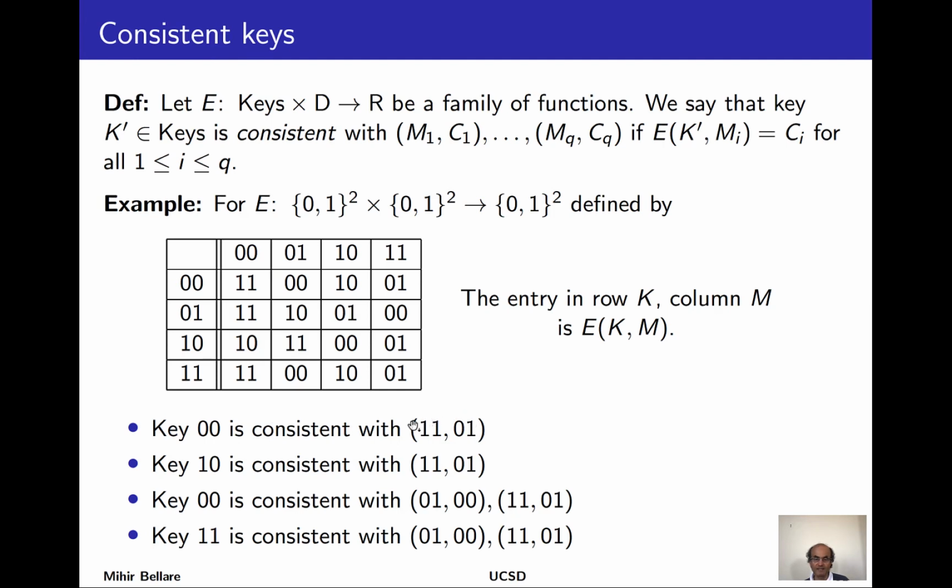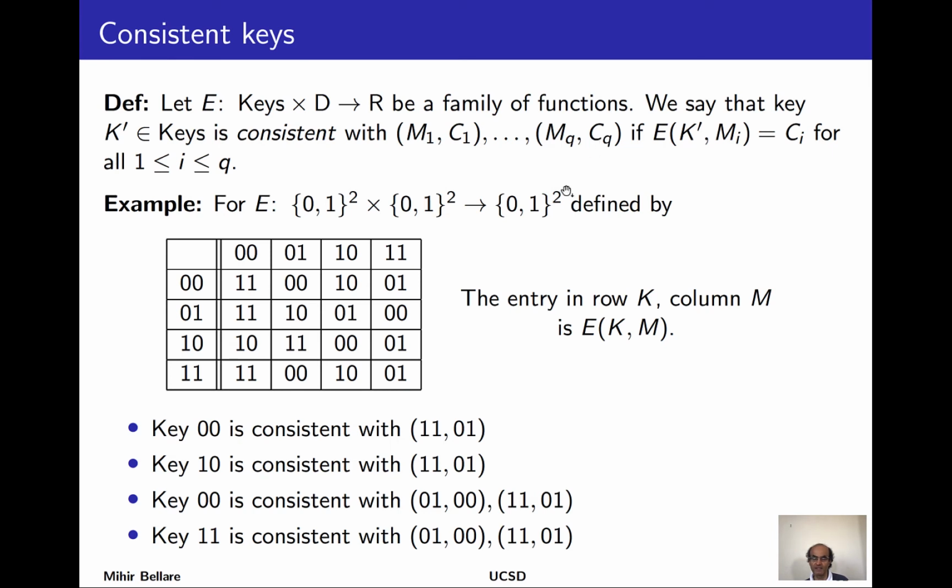Now consider this pair. This is a possible input, 11, simply because it appears here. This is a possible output, 01, simply because it's a 2-bit string. Think of it as this list, but a very compact one. The value of Q is only 1.